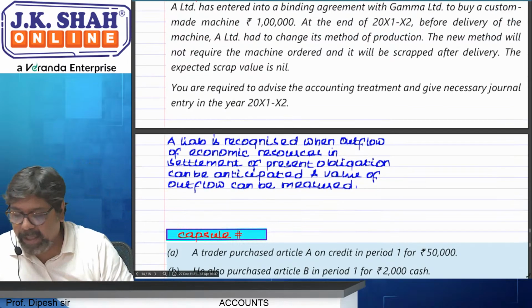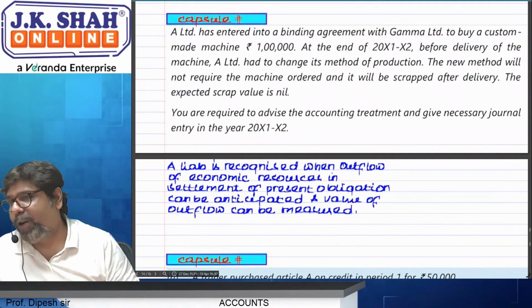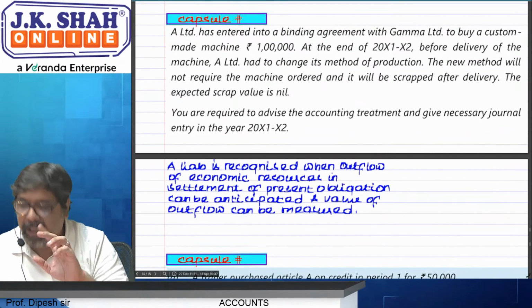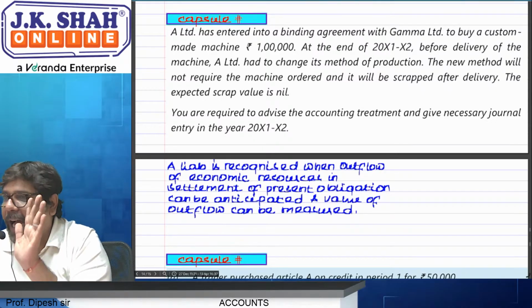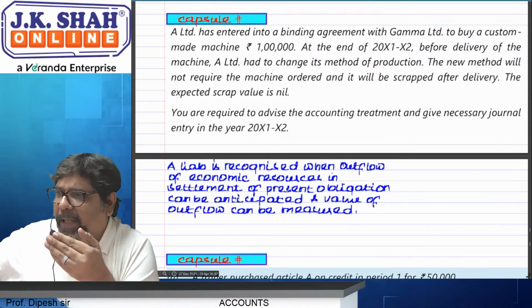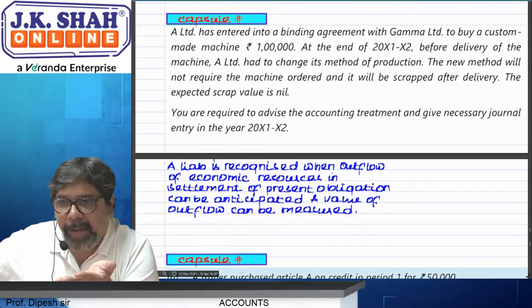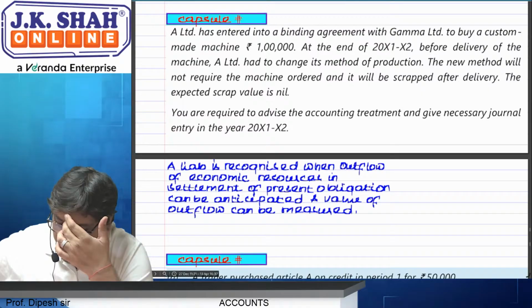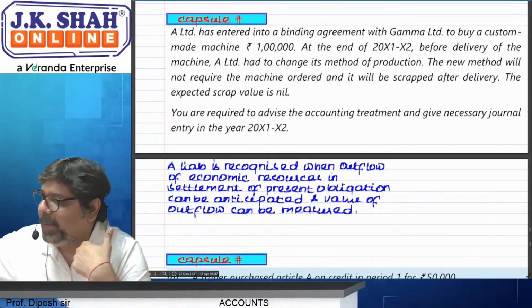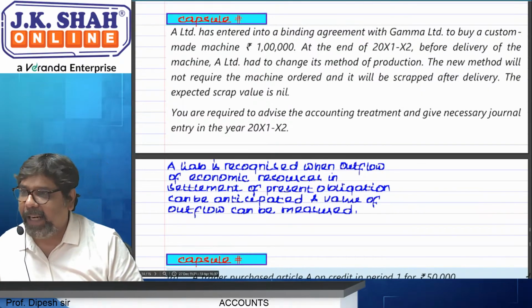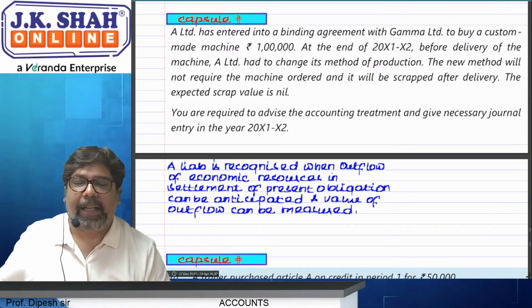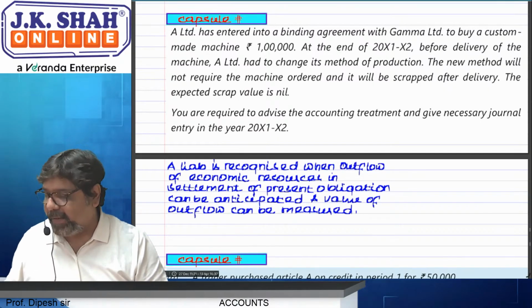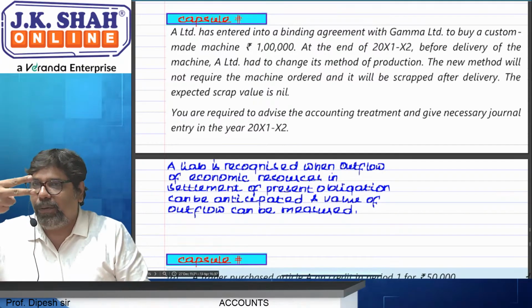Now, I am purchasing a machine worth 1 lakh. This is my loss. But after I purchase it, I am supposed to pay him or not pay him? Pay him, I have to pay the money. So that person, Mr. Gamma, is my liability. Should I recognize that liability or not? The standard says that liability should be recognized when two conditions are satisfied.